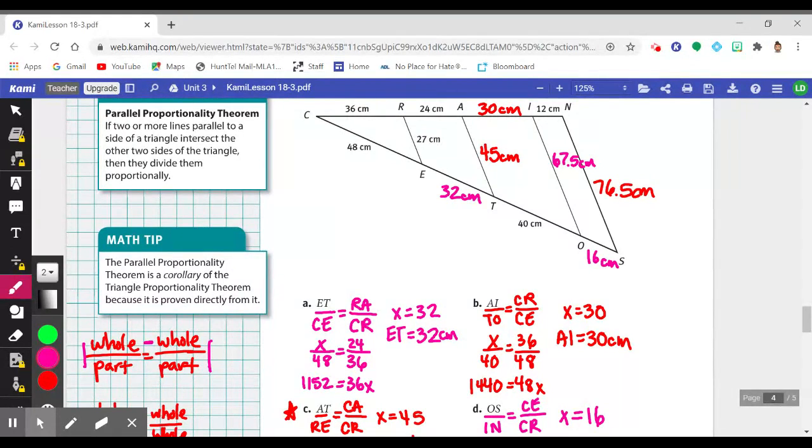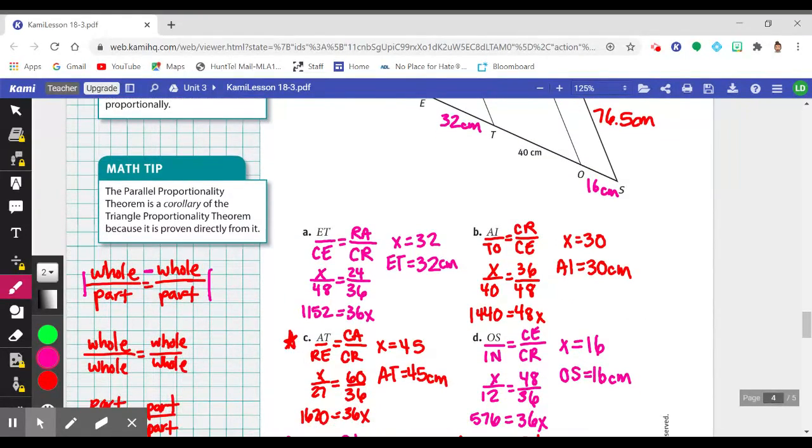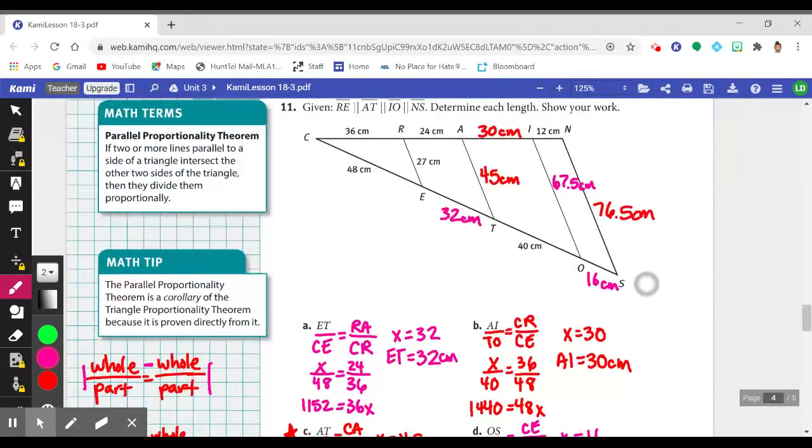So OS corresponded to IN, and in a similar fashion, pun intended, I used CE. Notice it's another part on this side of triangle CNS. I used CE corresponding to CR. Again, we're looking at the larger triangle CNS. I cross-multiplied, found that X is 16, therefore OS is 16 centimeters.